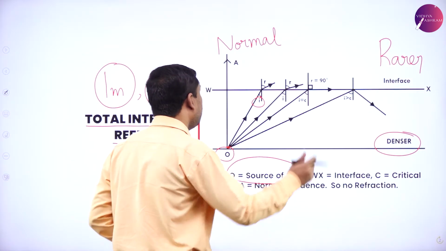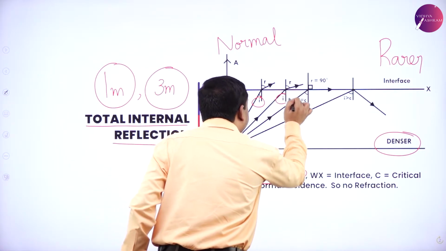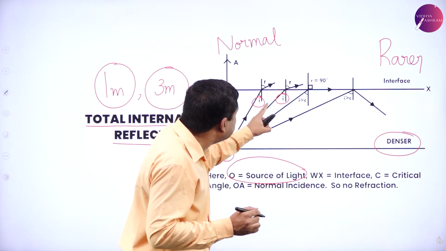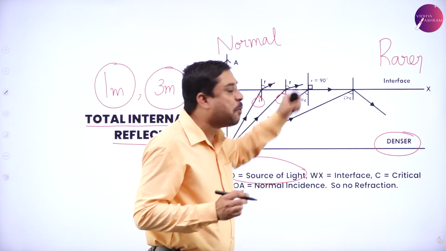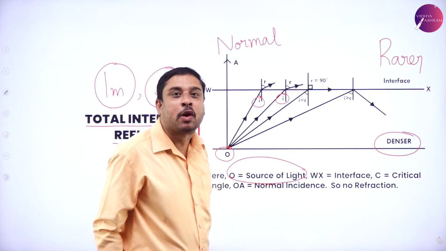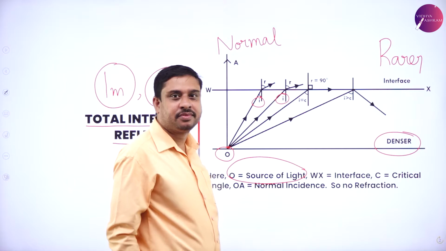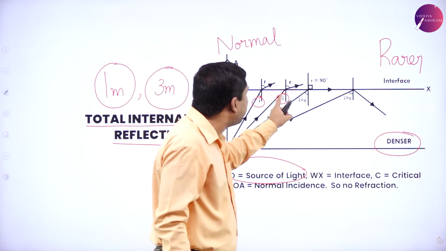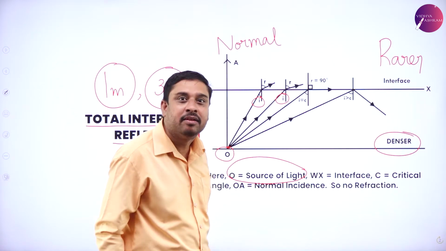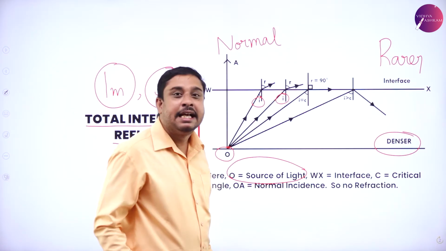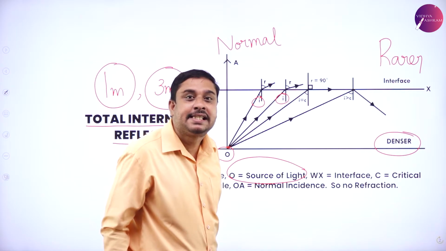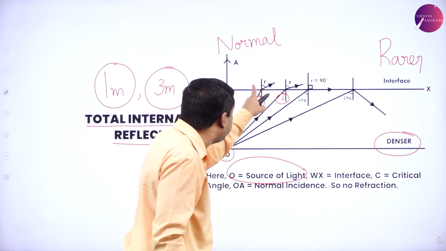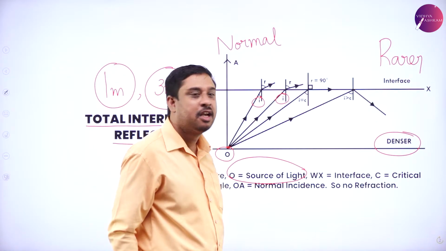Now, one more ray of light is traveling from the denser to rarer medium. Again, angle of incidence is I. Here, the angle of incidence is much greater than the previous case.